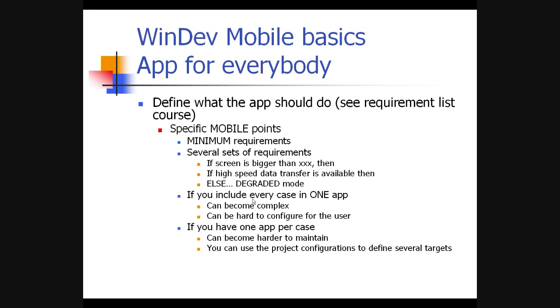Remember that this kind of thing, when you define an application for everybody and many hardware, is something that is going to cost a lot of money to design and to build. So you better do it the right way.